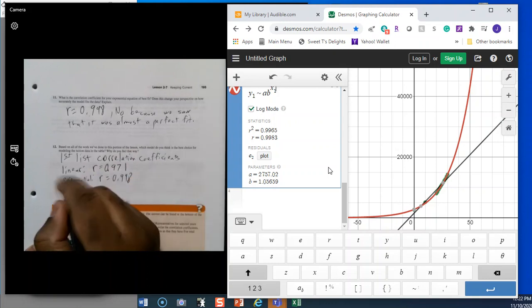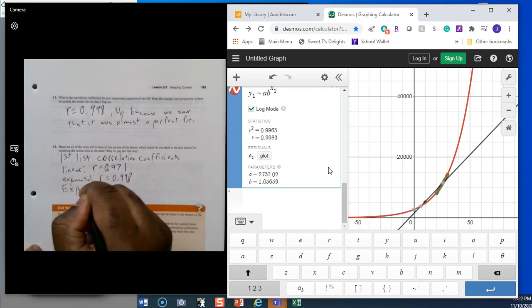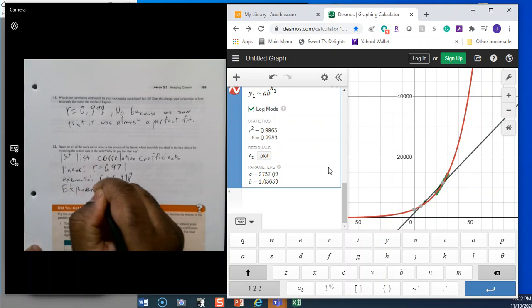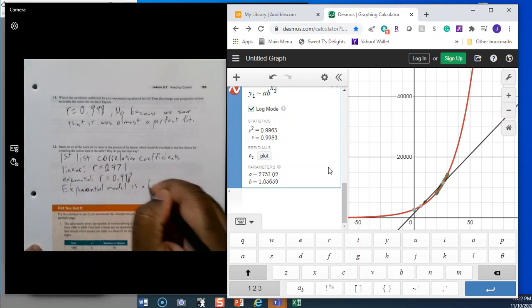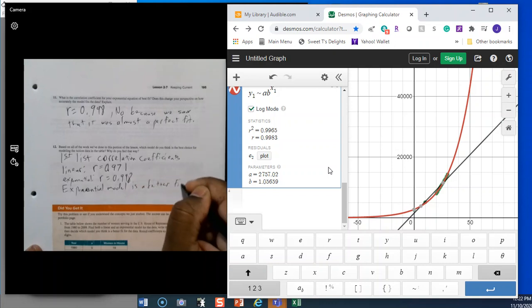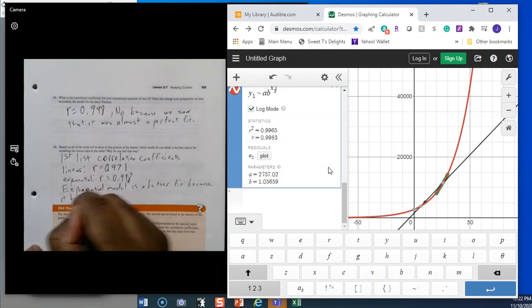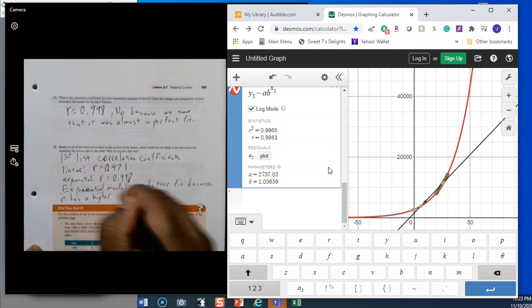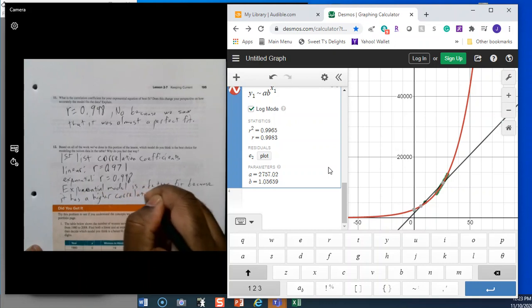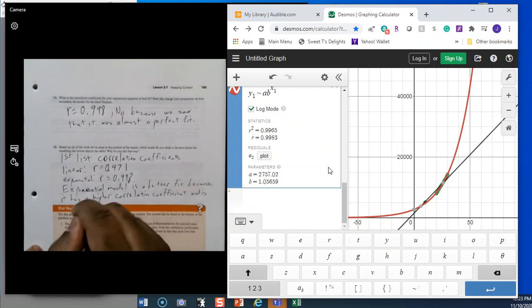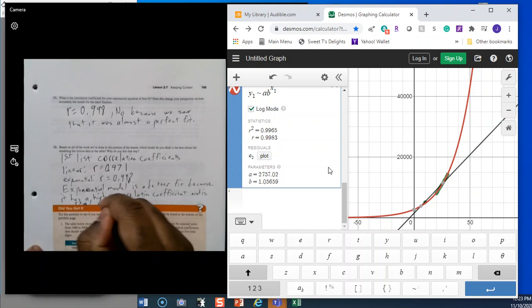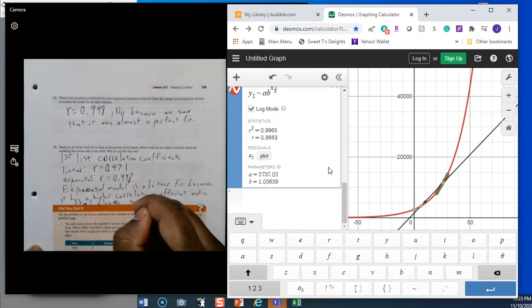So the exponential model is a better fit because it has a higher correlation coefficient and is real close to 1.